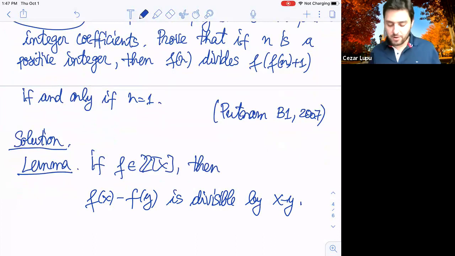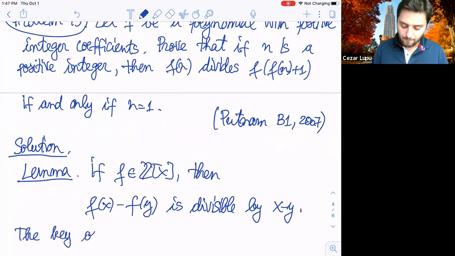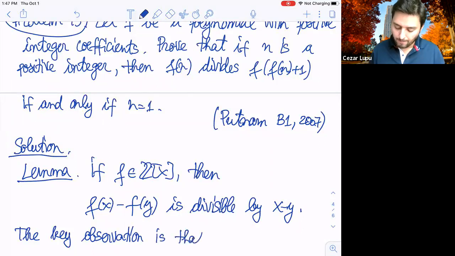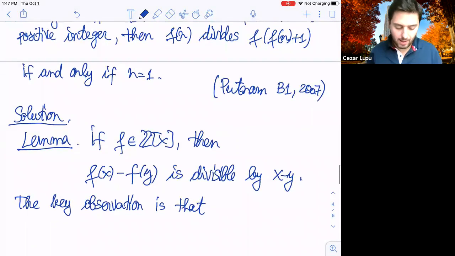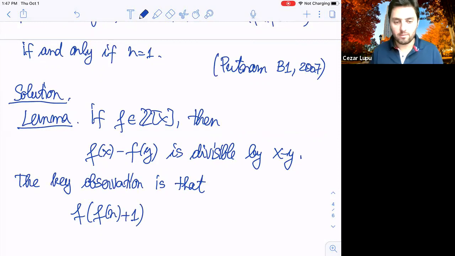And the key observation by using this lemma is that, well, let me write it here. f of n plus 1 minus f of 1 is divisible by f of n, right?